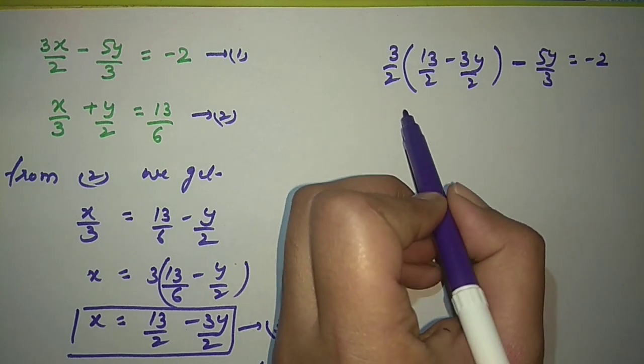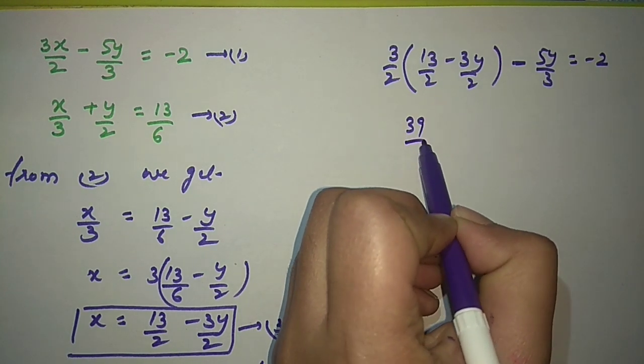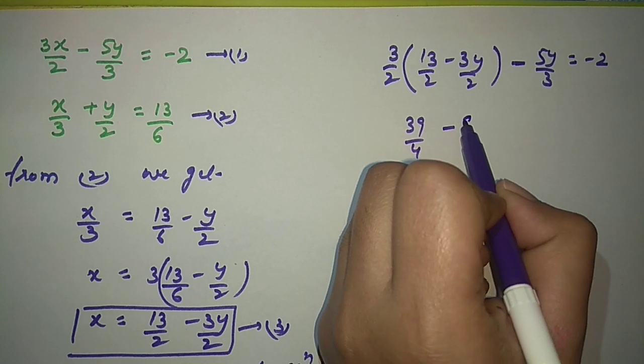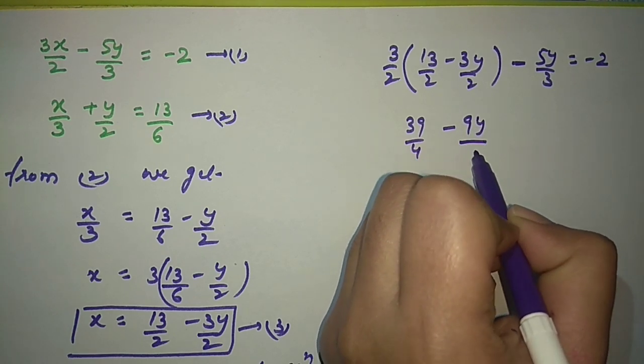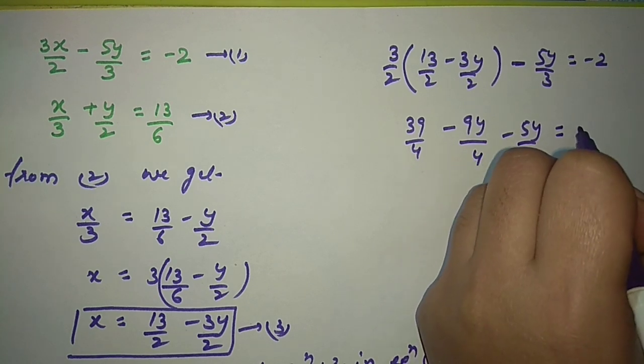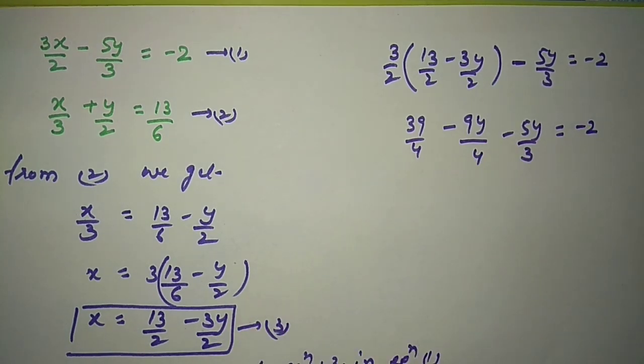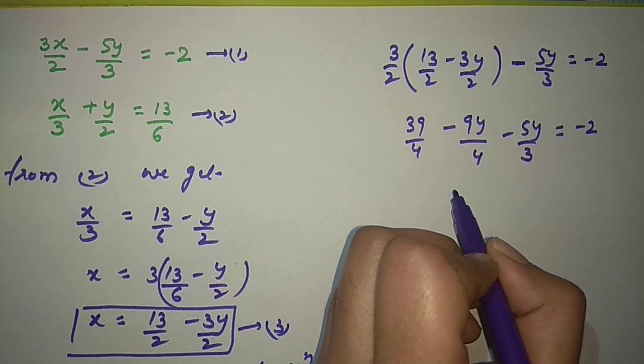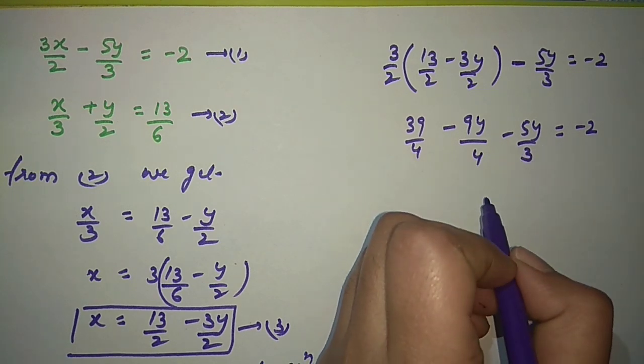So on solving we get 39 upon 4 minus 9y upon 4 minus 5y upon 3 is equal to minus 2. So minus 9y minus 5y.